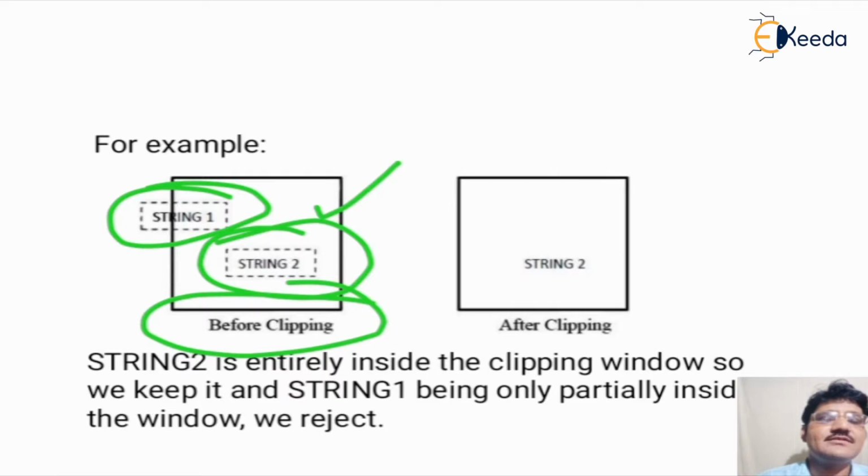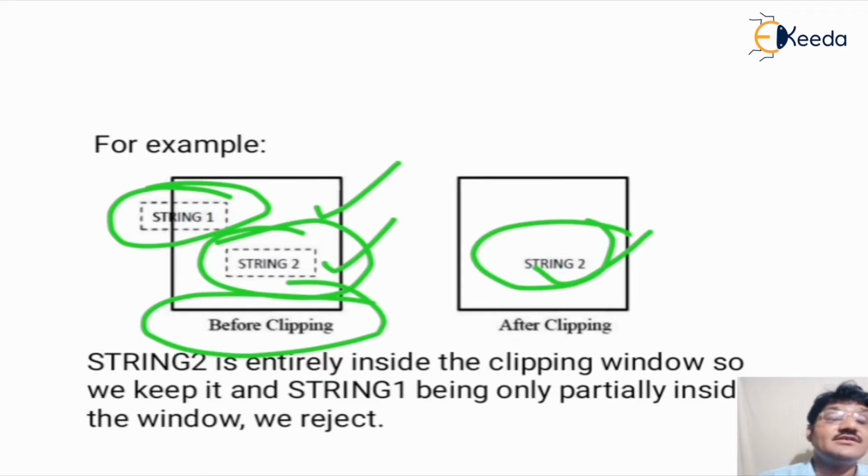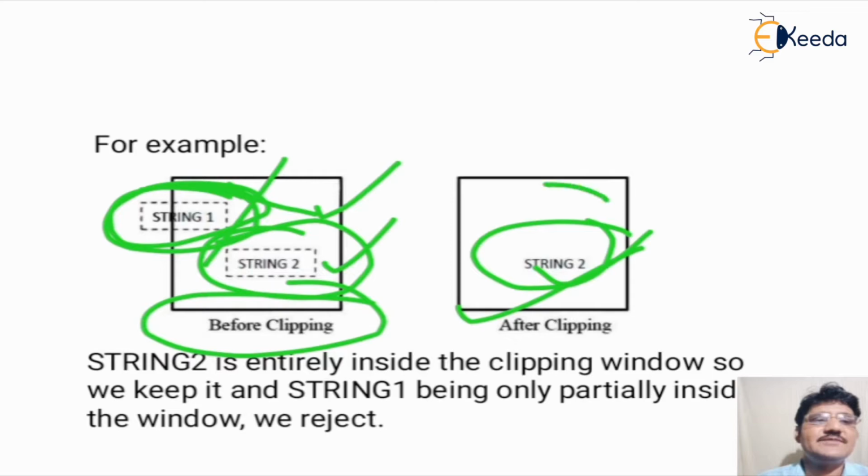After clipping by this method, string number 2 is completely inside the clip window, so it will be kept safe and displayed. But string number 1 is partially inside the clip window, so string 1 will be entirely rejected. Applying this method, we get this result after clipping.